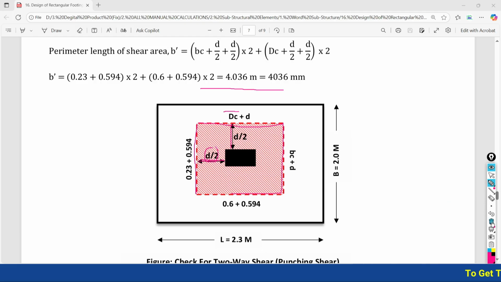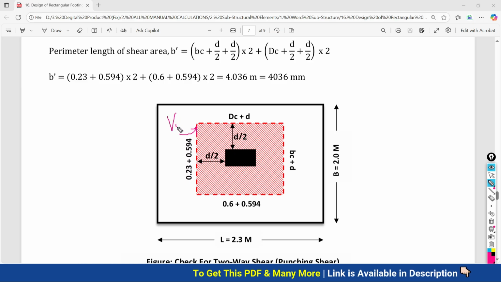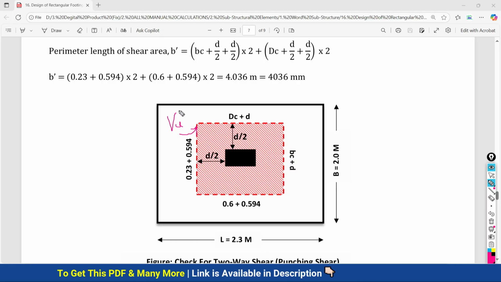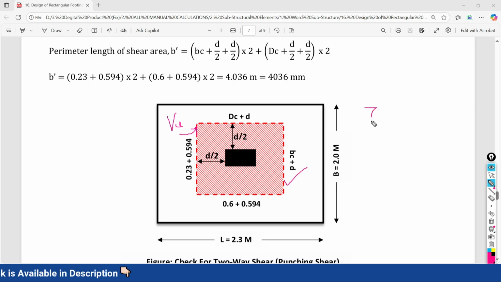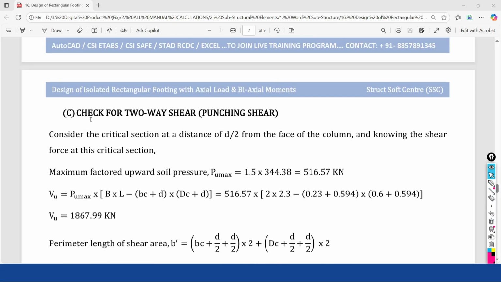Our objective is to find out what shear force value is acting at this point, meaning the ultimate shear force value, and due to this ultimate shear force value, what shear stress is going to be developed at this section, which we denote by tau v. So this calculation needs to be done, and for that we have to go through the formula.